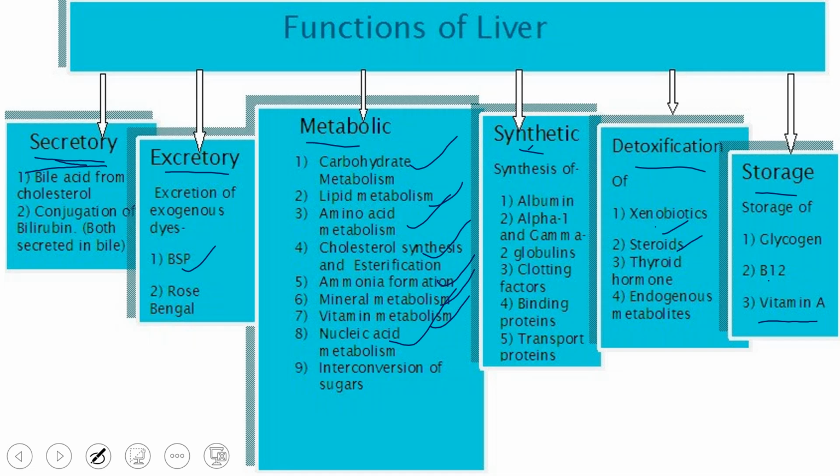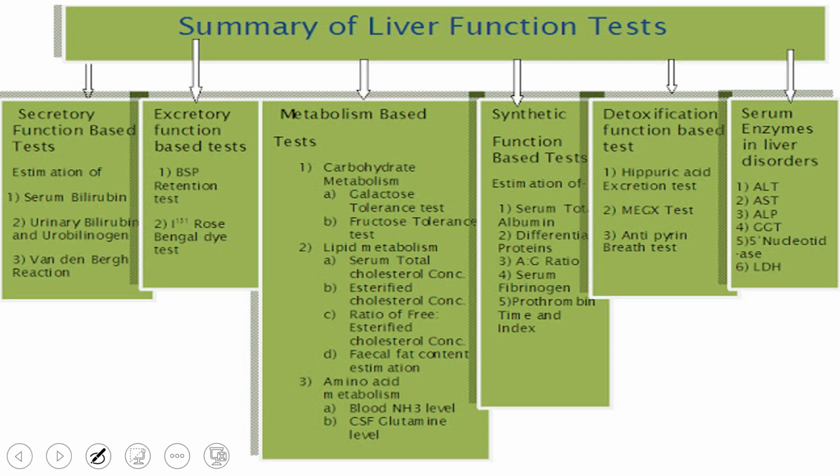If we want to see whether the liver secretory function is working or not, we can go for serum bilirubin test, urine bilirubin test, or urine urobilinogen test by Van den Bergh reaction.